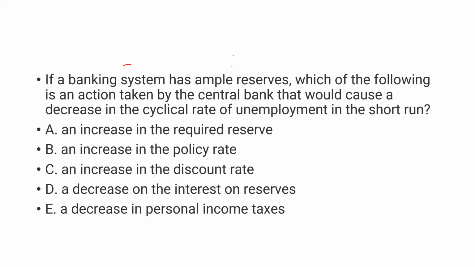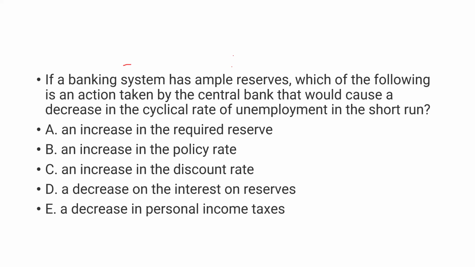For True Chico, what is the difference? Well, the discount rate is the rate at which the Fed loans banks money. The policy rate is kind of the interest rate, a lot of times called the federal funds rate. Now, a decrease in the interest on reserves.